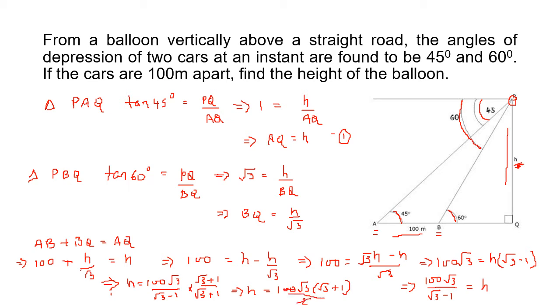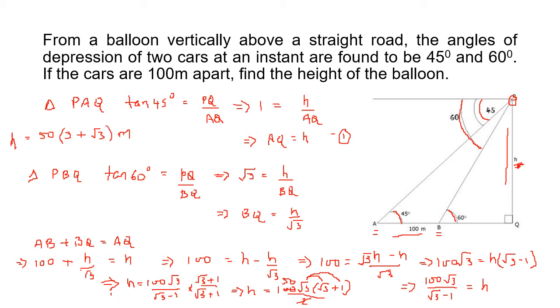So 2 ones are 2, 50s are. I'll write the answer here, you have to write it below. So H is equal to 50, and inside the bracket multiply root 3 by both of them. Root 3 into root 3 is 3, plus root 3 into 1 is root 3 meter.